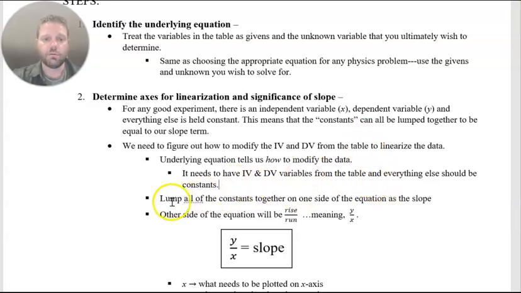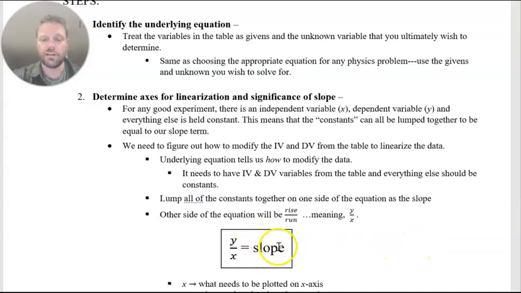So in order to figure this out, we're going to lump all of the constants together and have them be one side of the equation. And that's going to be our slope. The other side then is going to end up being some independent and dependent ratio that we would have equal to slope, right? So that's going to be your y-axis over your x-axis is the slope.